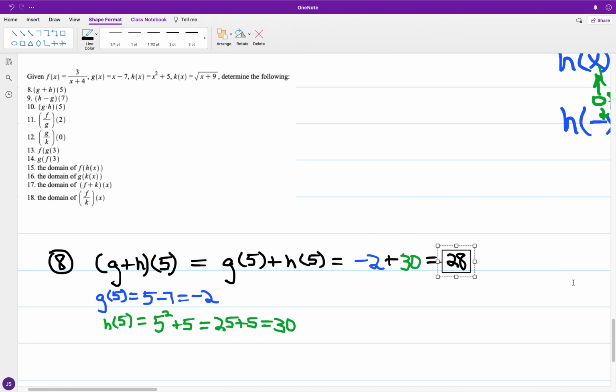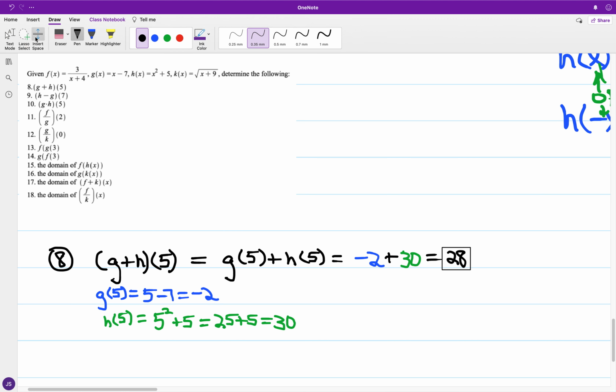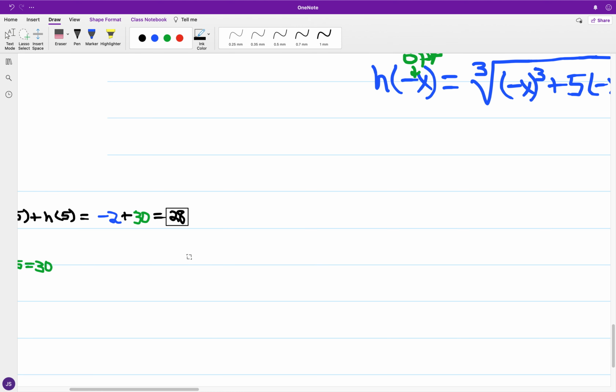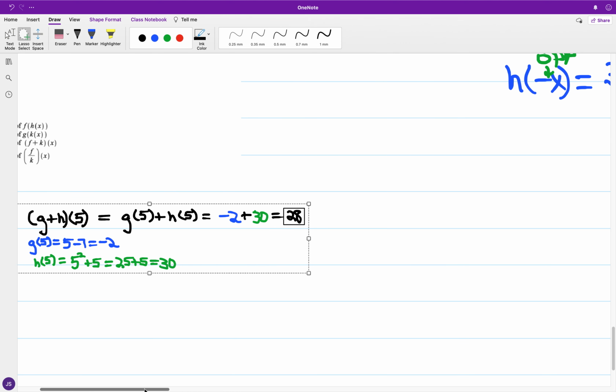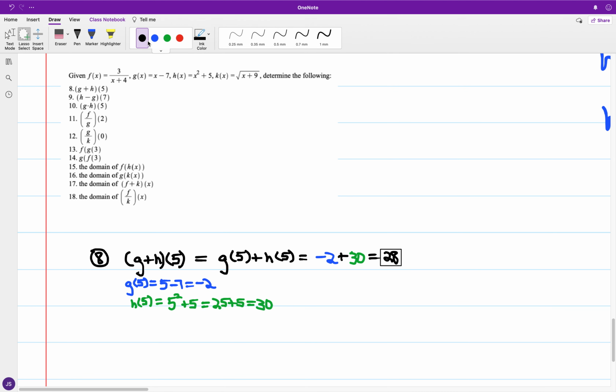Now for number 9, we're looking at h minus g of 7. In the case of h minus g of 7, we have h of 7 minus g of 7.